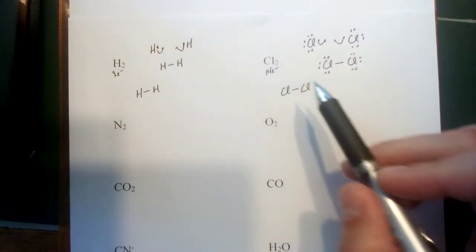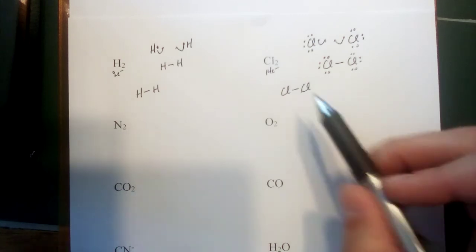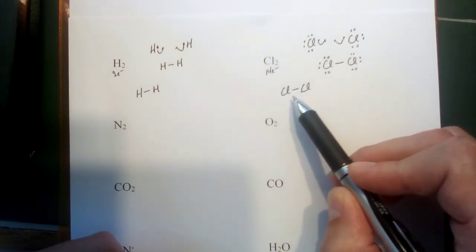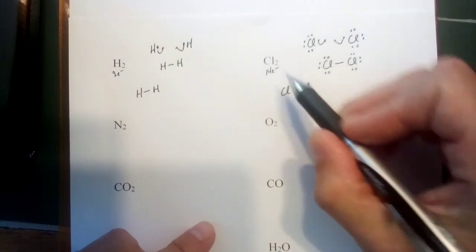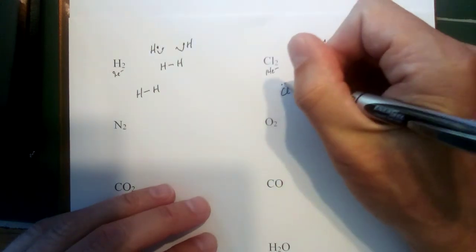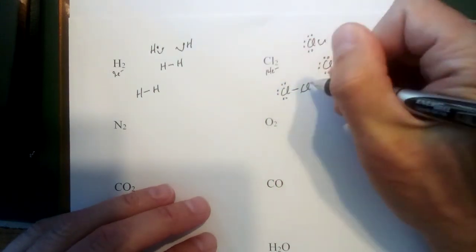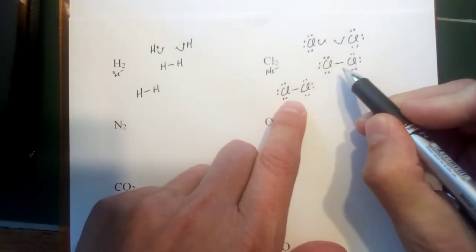Second step, count the electrons. Third step, complete the octets of the surrounding atoms. So we want to complete the octets around the chlorine. We used 2 electrons here to make this bond. Out of the 14 we started with, that would be 12 left. That means I have 6 left I can put on each chlorine. And that gets me to the exact same picture.